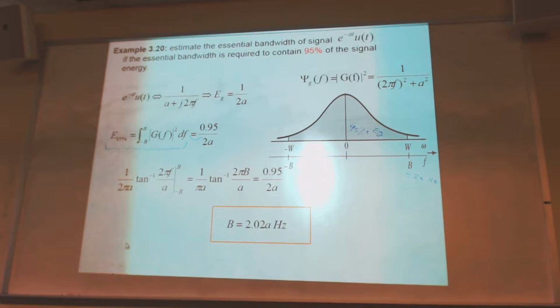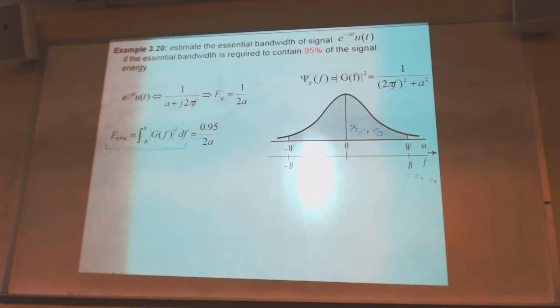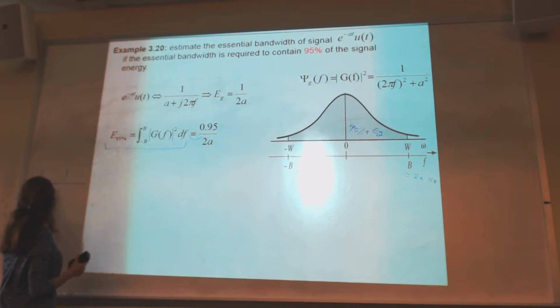Any question here? I was wondering how the math worked out on that one. The integral? Yeah, so we are dealing basically with the integral of 1 over (a squared plus (2 pi f) squared).